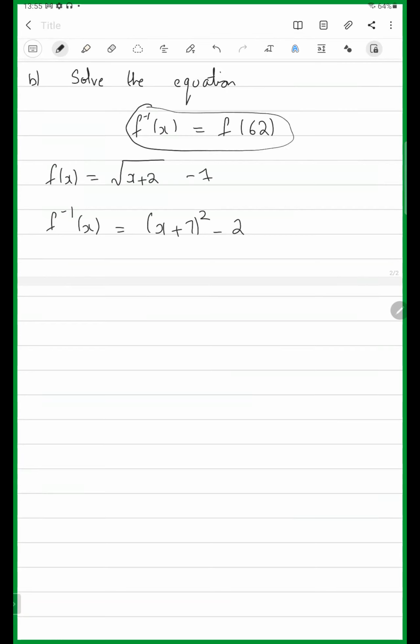This is the condition. So we have f inverse of x and we have f of 62. Let's just find out the value of f of 62. F of 62 would be root 62 plus 2 minus 7.